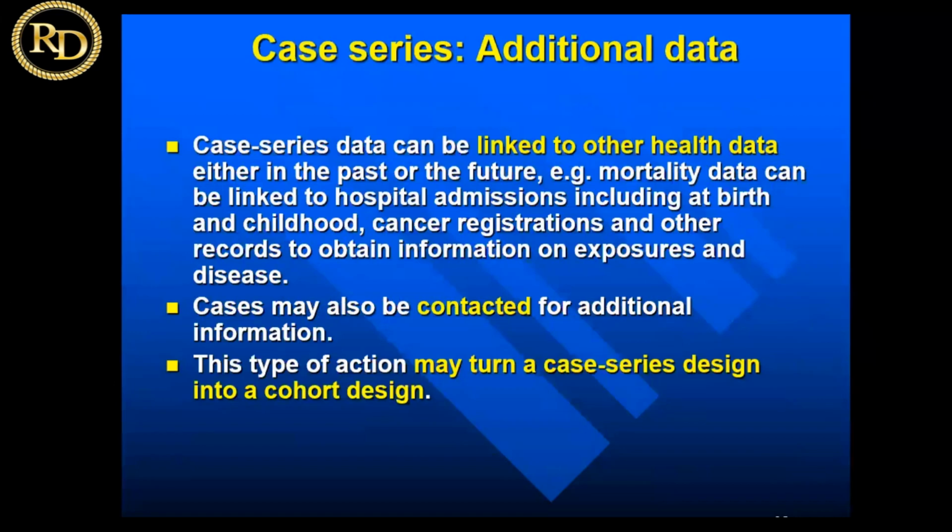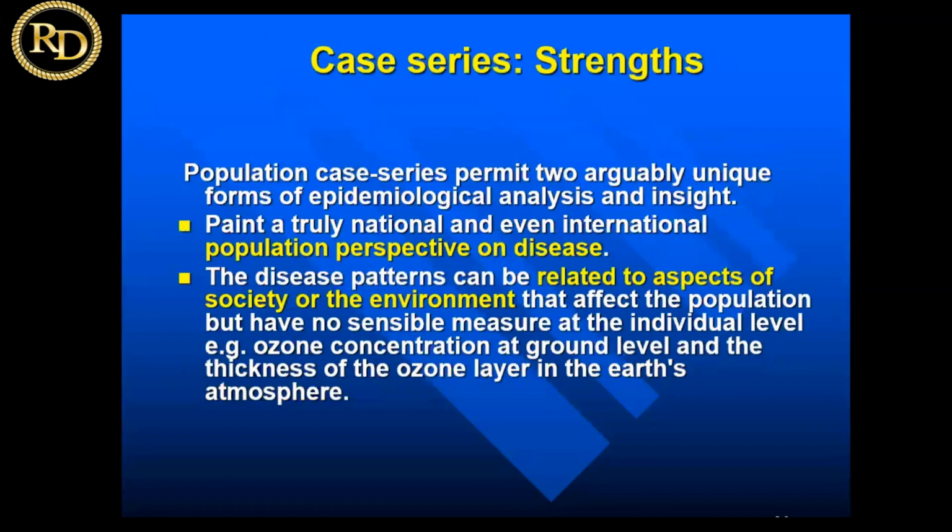So case series can also be linked to other health data. Here we can make a correlation also. Correlation means that we can find links to other health data which is linked to the past or the future. Mortality data can be linked to hospital admissions, including at birth and childhood, or cancer registration, etc. So case series strengths are, they point out a truly national and even international population perspective on a disease.